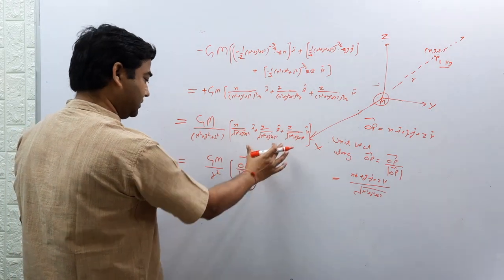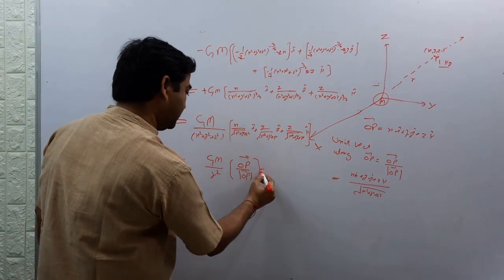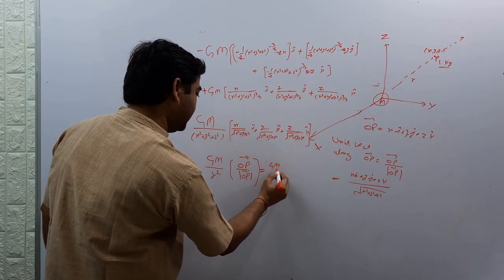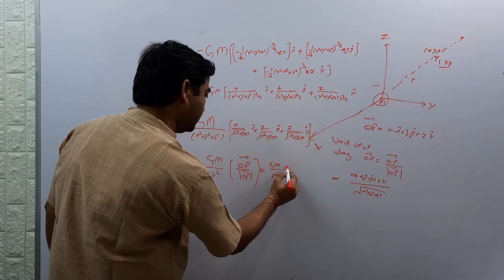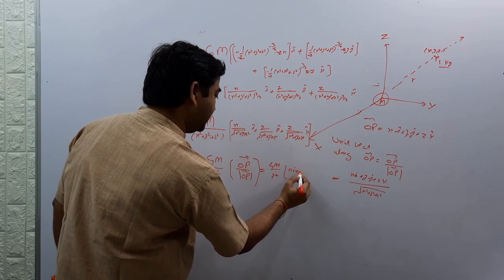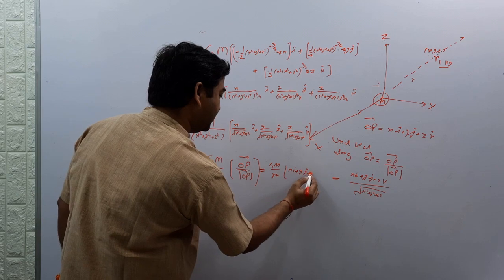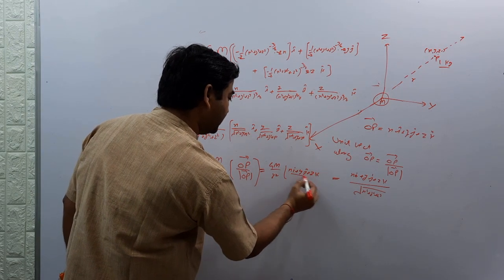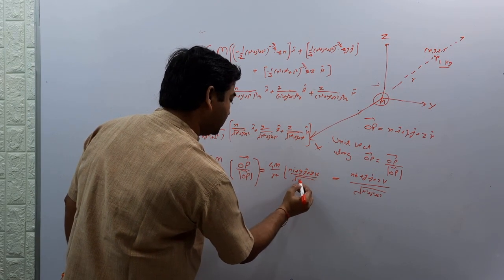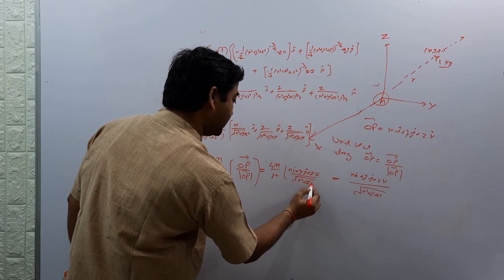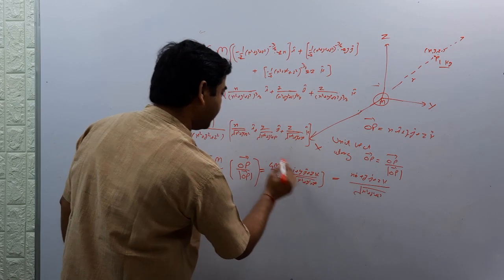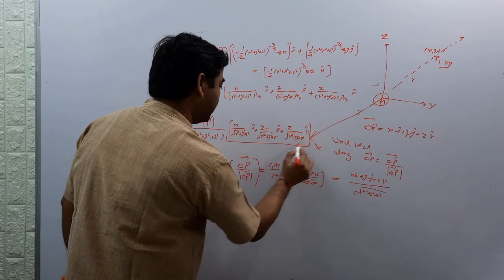That is the same thing. You can write it like this: GM by r square times x i plus y j plus z k divided by under root x square plus y square plus z square. So this is the unit vector.